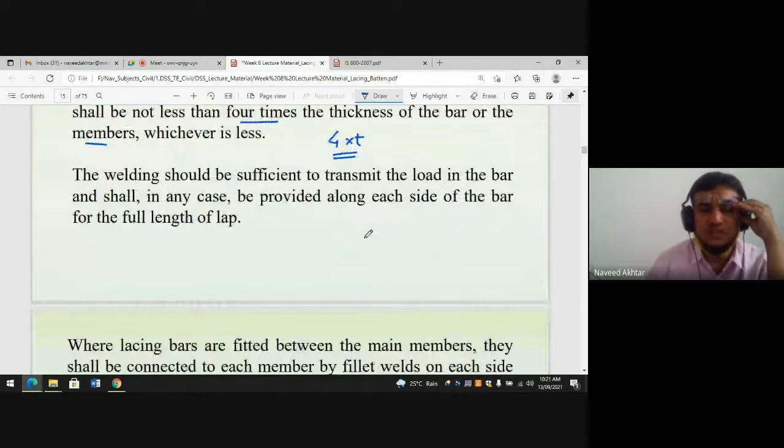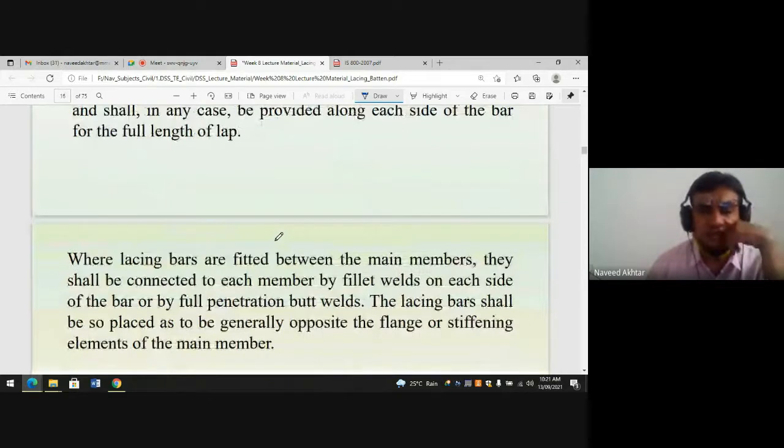Welding should be sufficient to transmit the load in the bar and shall in no case be provided along each side of the bar for the full length of the leg. तो वेल्डिंग आप जब करते हैं तो वेल्डिंग should be such that it is provided on each side of the bar for the full length of the leg.